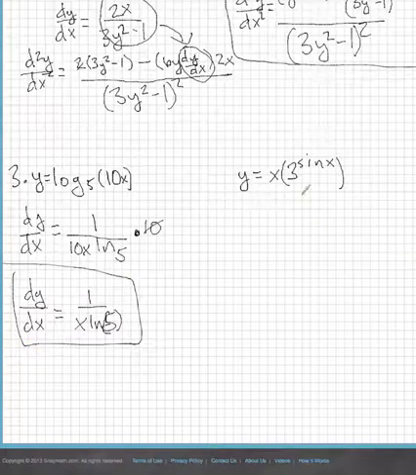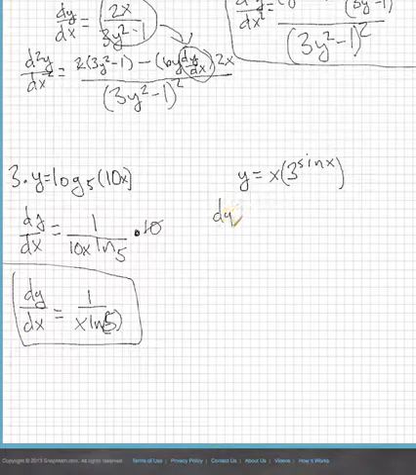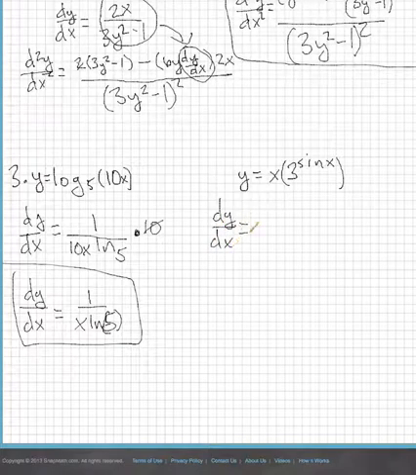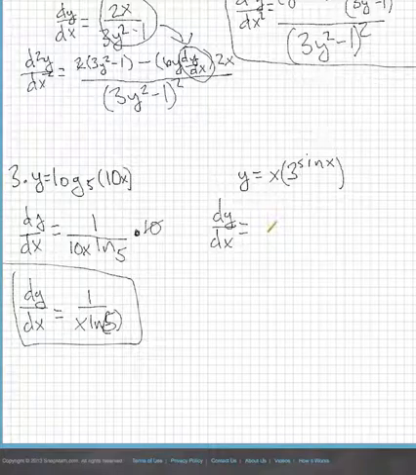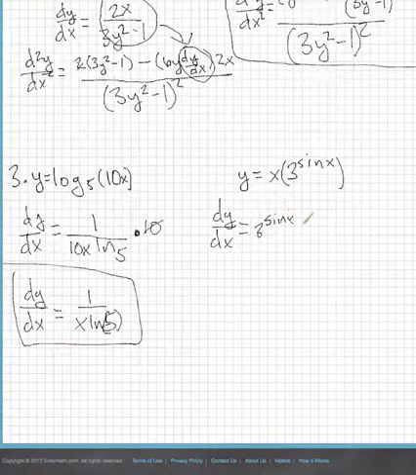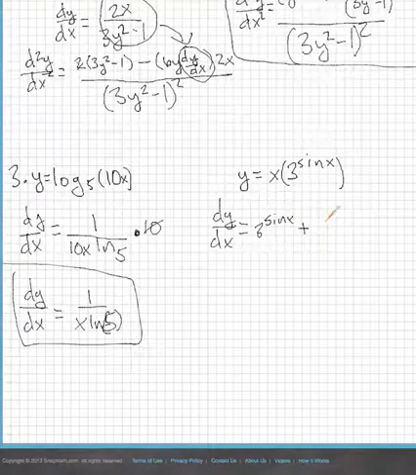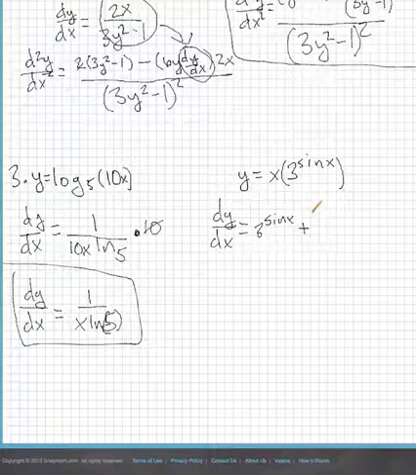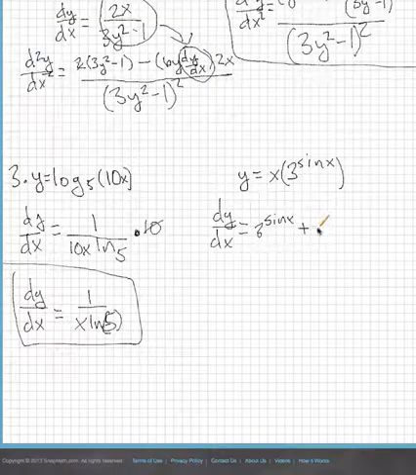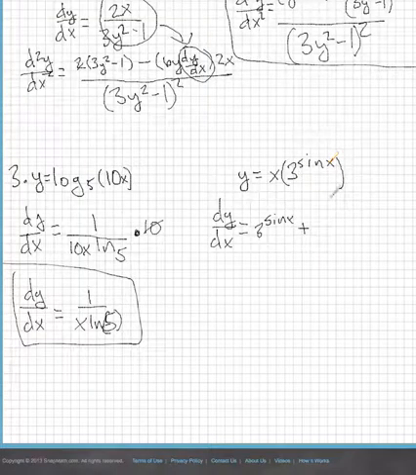The second one, what we're going to do is take the derivative, dy/dx equals, and all we need to do here is the product rule. So it's going to be 3 to the sine x, that's the derivative of the first one, which is 1, times the second one. Now we have to take the derivative of the second one, which is the tricky part. We're going to take the derivative of the outside function again.